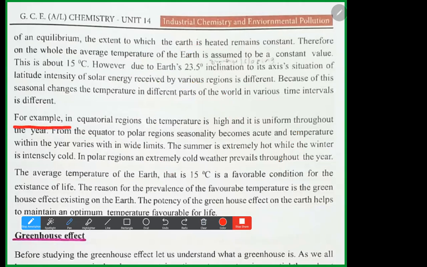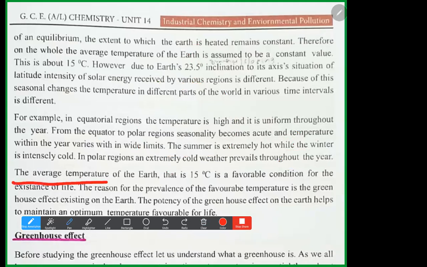For example, in equatorial regions the temperature is high and uniform throughout the year. From the equator to the polar regions, seasonality becomes acute and the temperature within the year varies within a wide limit. The summer is extremely hot while the winter is intensely cold. In polar regions, extremely cold weather prevails throughout the year.